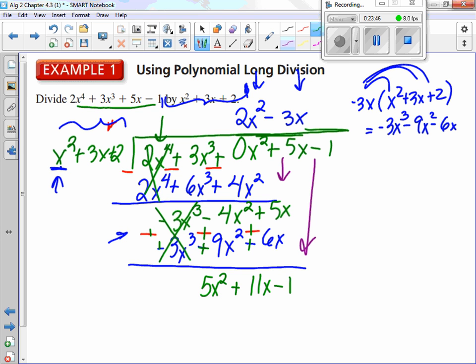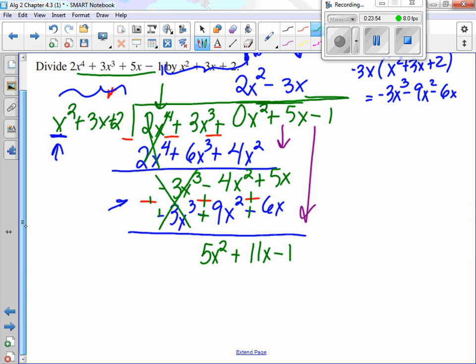Any questions on any of this here thus far? Okay. Last time, what times x squared gives us 5x squared? Positive 5.